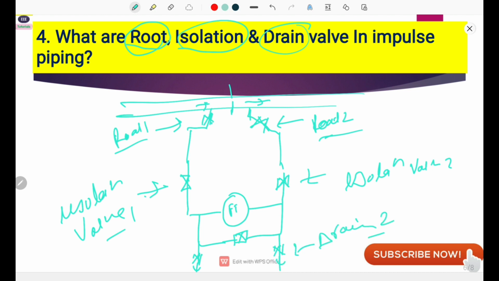So the use of the drain valve is to drain all the liquid which is contained in this line through these drain valves. So this is the meaning of the root valve, isolation valves and drain valves of impulse line of flow transmitter.